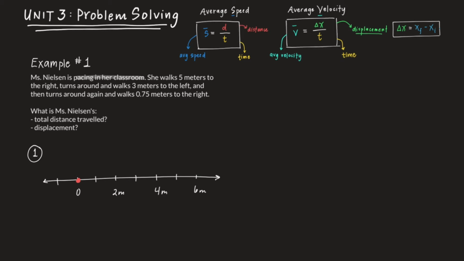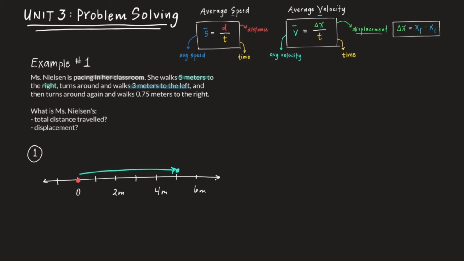Then it says I walk 5 meters to the right. So that would be from 0 to then 5 meters based on my scaling of my drawing. So I end right there at 5 meters, right? Then I turn around and walk 3 meters to the left.